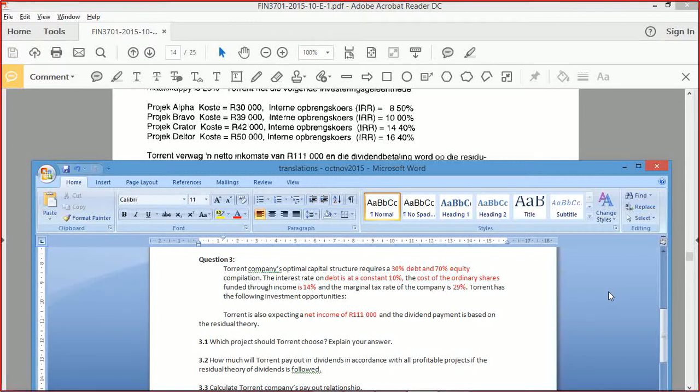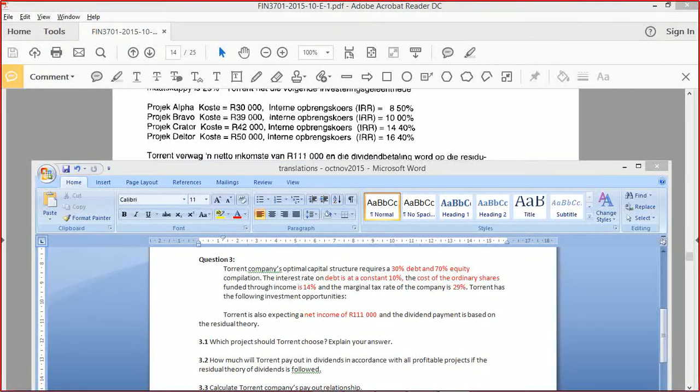So the weighting for debt is 30% times the cost of 10%, times 1 minus 29%, plus 70% times the cost of equity, which is 14%. Yeah, 14%.